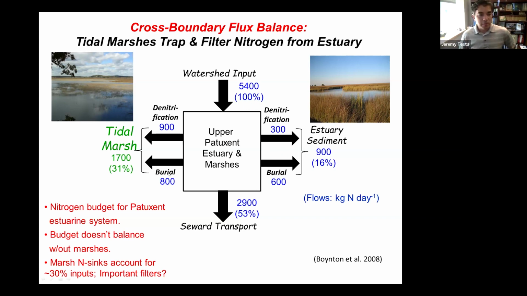But if estimates of denitrification and burial in the extensive tidal marshes were included in this budget, it not only balanced, but it emphasized how important this loss was there. It's also important that these marsh sinks were about 30% of the input. So it was another piece of evidence to support this idea.